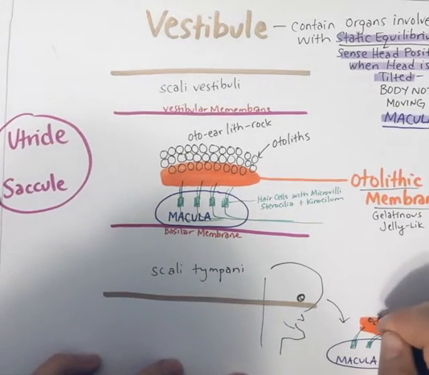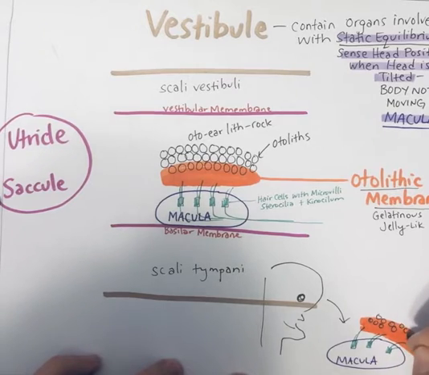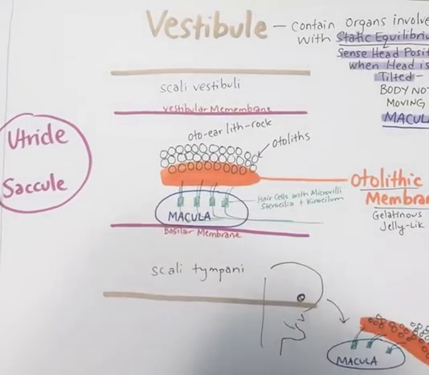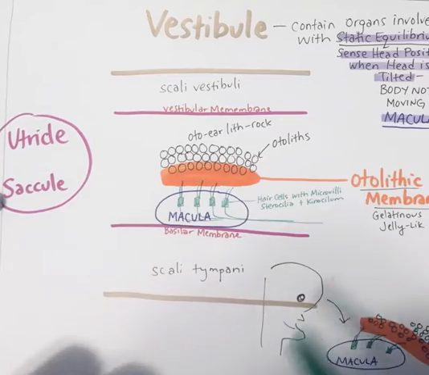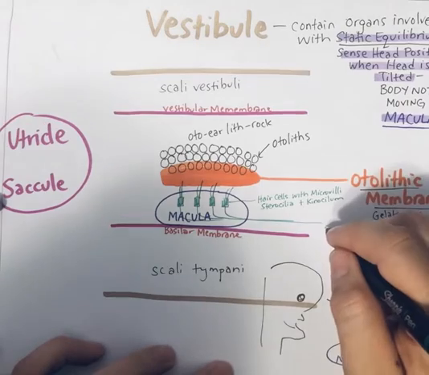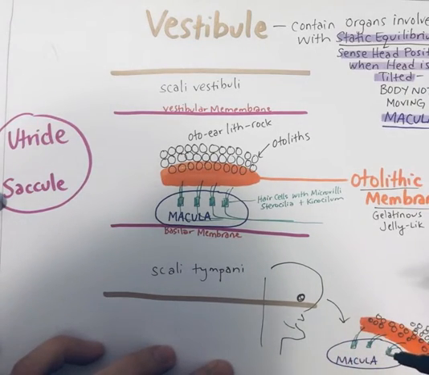So your ear rocks sitting on top literally are going to make the gelatinous material sag because all your ear rocks are going to basically move to the front. So that's how you basically activate the macula to activate cranial nerve 8.